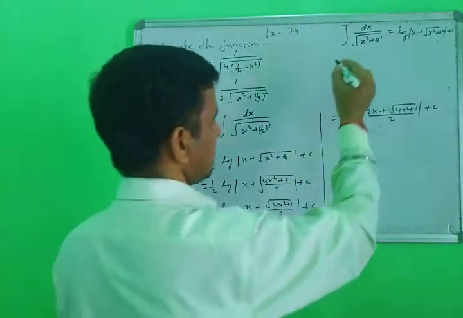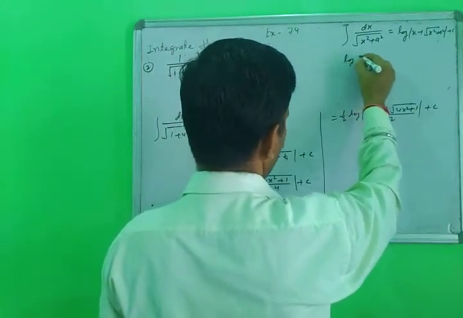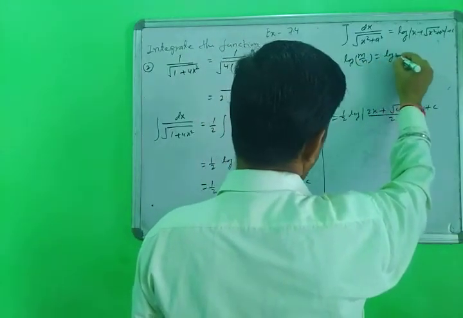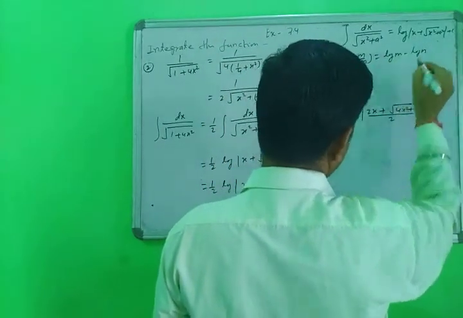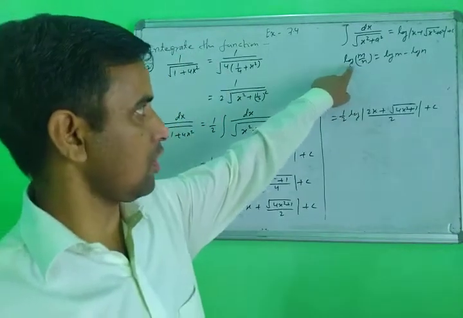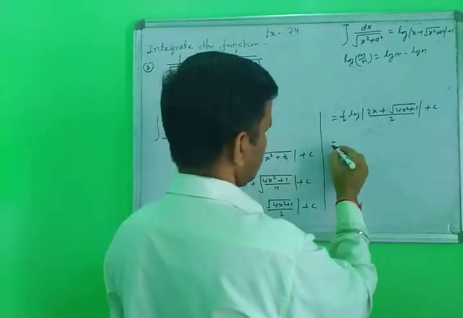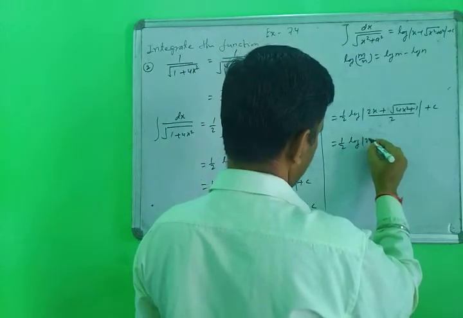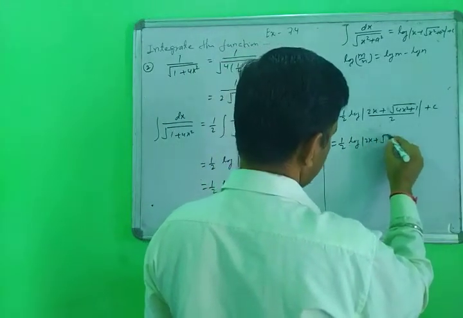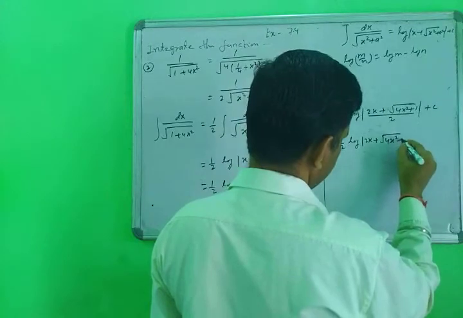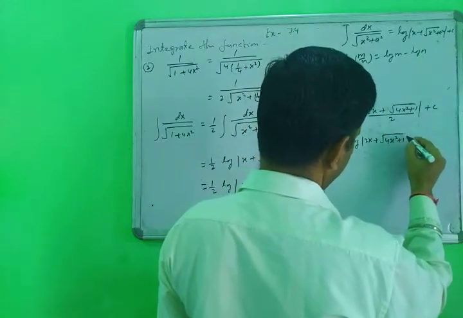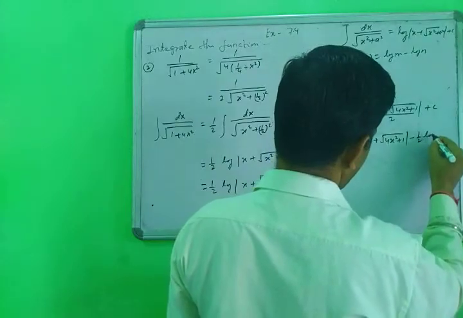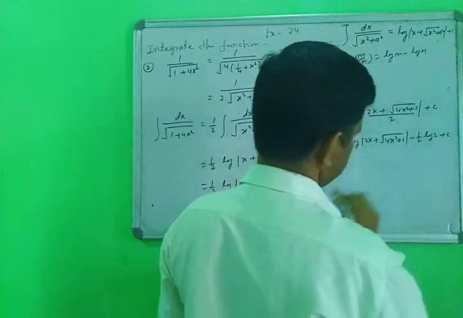Then use the log identity: log m upon n. What is the value of this? Log m minus log n. Using this log identity, what value comes here? 1 upon 2 log 2x plus root 4x square plus 1, minus 1 upon 2 log 2, plus c.